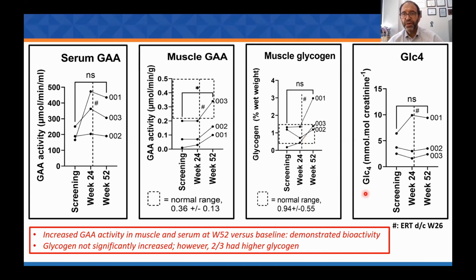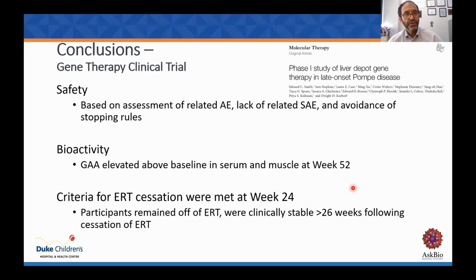And then there's a urine biomarker that's basically stayed the same over the course of the study. So the conclusions were, based on the assessment of related adverse events, the lack of related serious adverse events, that there was initial safety with regard to bioactivity or whether the vector was working.